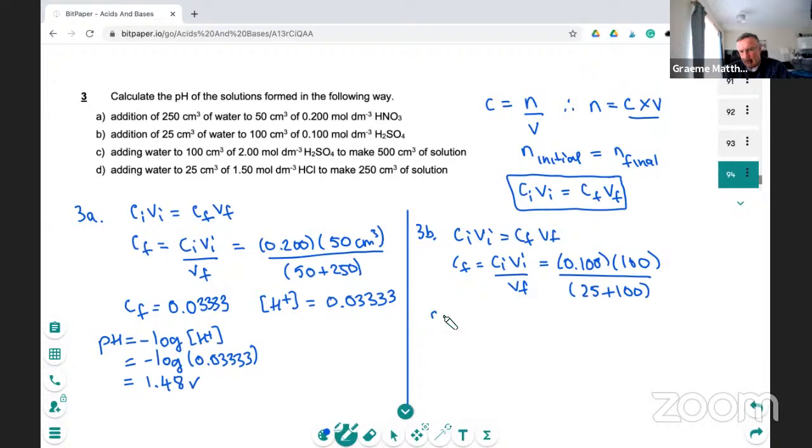And so my final concentration is going to be 0.1 times 100, divided by 125. I got 0.08, which is equal to my hydrogen ion concentration.